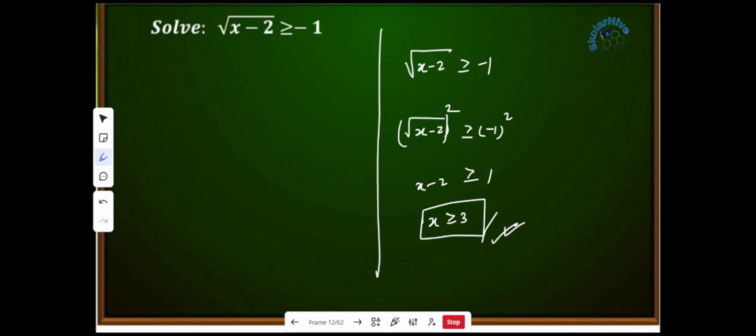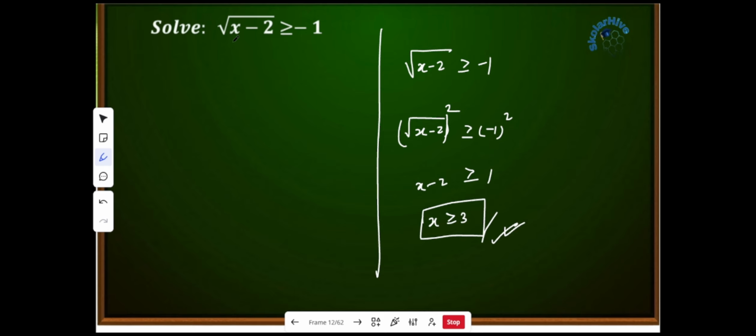If we see this inequality, on the left we have the square root of x minus 2. As we know, the square root is defined for any values that are either 0 or greater than 0. Over here we have x minus 2.